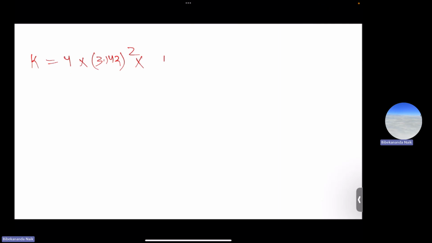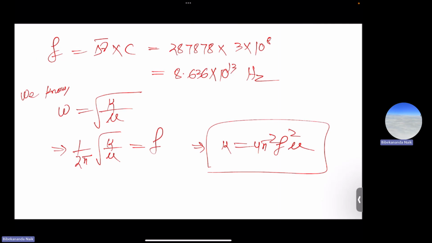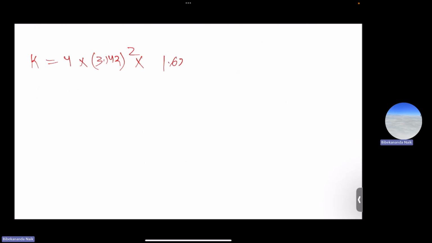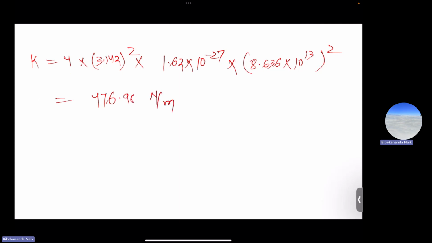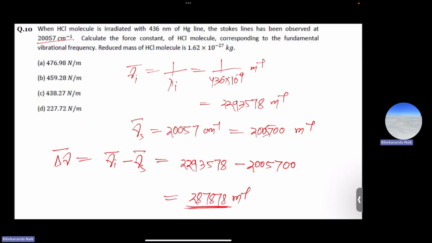F is the value, and mu was given as 1.62 into 10 to the power minus 27 kg, into the value of f, which is 8.636 into 10 to the power 13, square. So if you multiply all this quantity, it will give you 476.98 Newton per meter. So the value of force constant for this particular vibration is 476.98 Newton per meter. The correct option is option A.